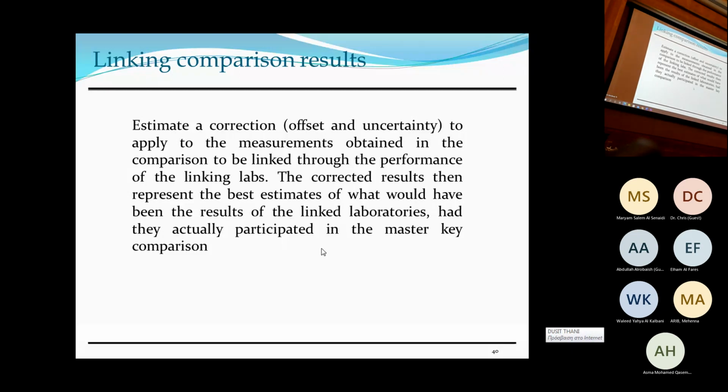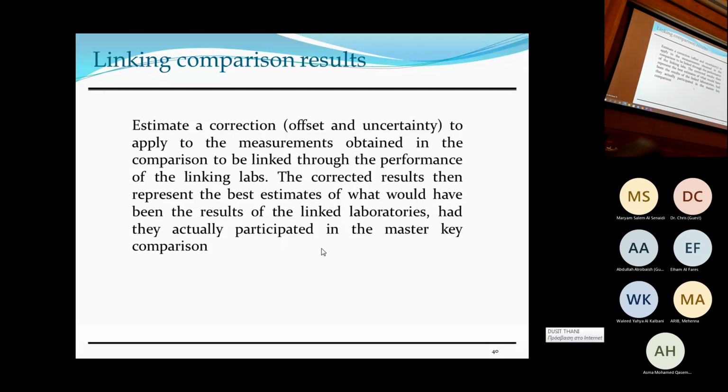In order to do that, we have to estimate a correction, which is an offset and an uncertainty, to apply to the measurements obtained in the comparison to be linked through the performance of the linking labs. So what are the linking labs? The linking labs are the ones that have participated both in the CC key comparison and in the next tier key comparison.